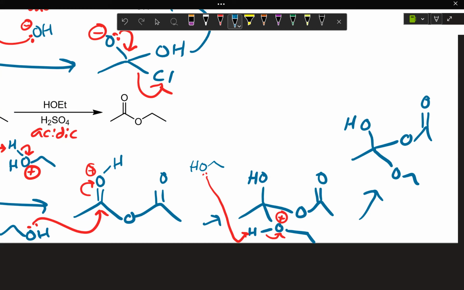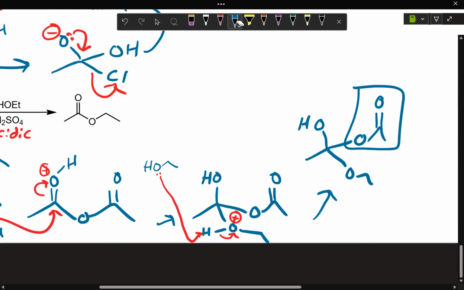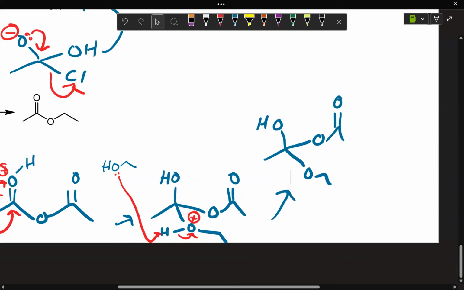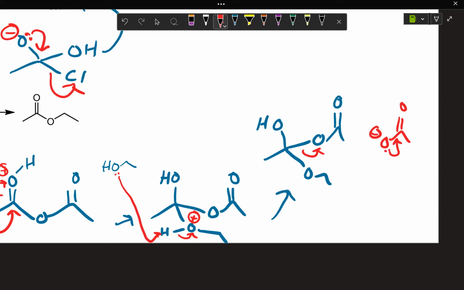And then now we still want this group to leave. This is a pretty decent leaving group because if this would leave, yes, we would have a negative charge, but this can do resonance. So this isn't a bad leaving group. But the issue is we are still in acidic conditions, so we can't just have this leave because that would form a negative charge.